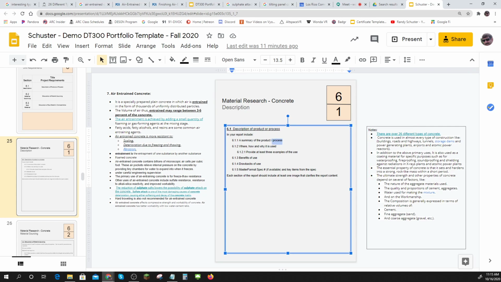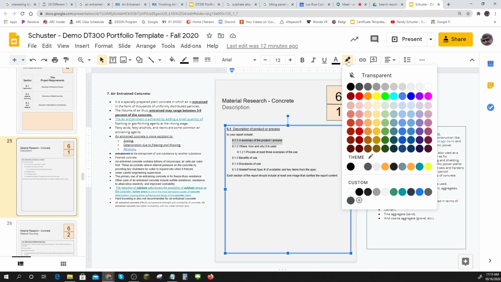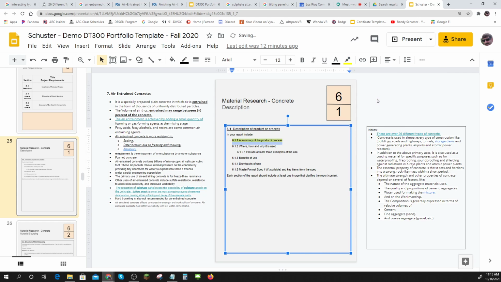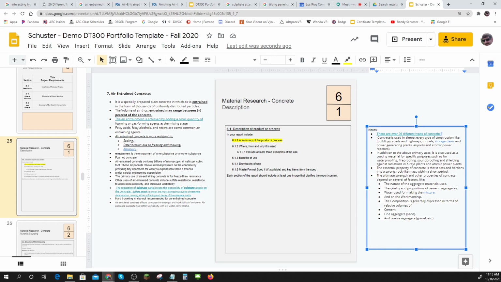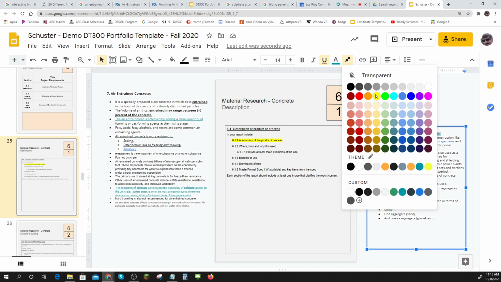So I'm going to look at this, and I'm going to use the method where I'm going to replace this bullet point with a paragraph that's all about that. So my first thing to do is I organize myself, and I'm going to make sure that that's yellow. And I'm going to come over to my notes and see what goes with that. So I see that that might be of interest.